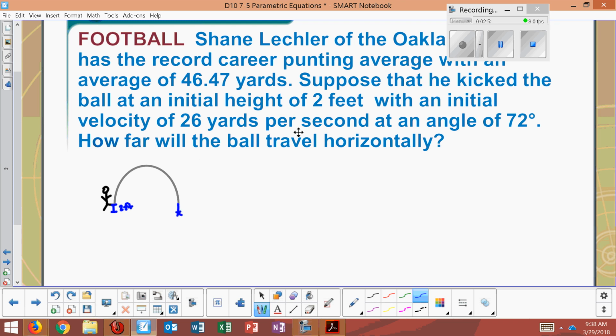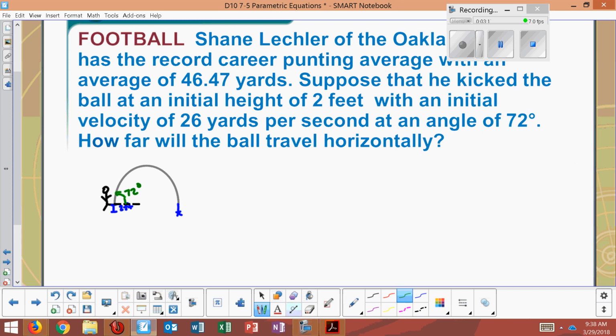Now he kicks it at an angle of 72 degrees. So if we wanted to put on here the angle the ball comes out, if you went from the x-axis up this way, it would be 72 degrees. And he's kicking it at an initial speed of 26 yards per second.